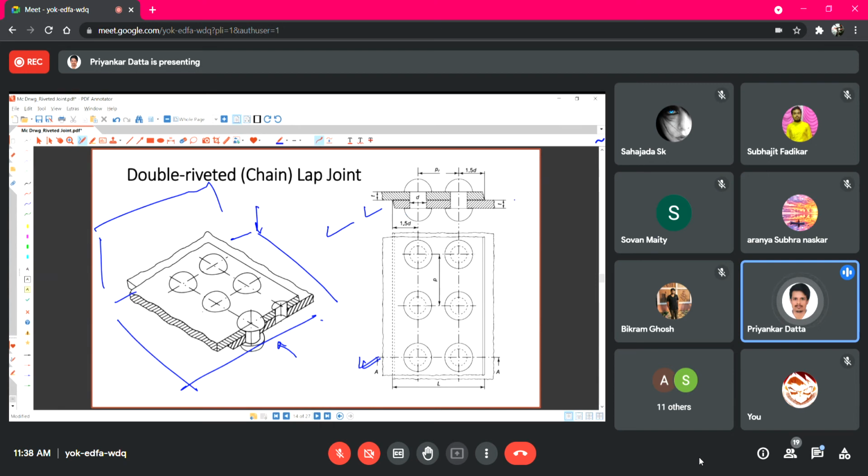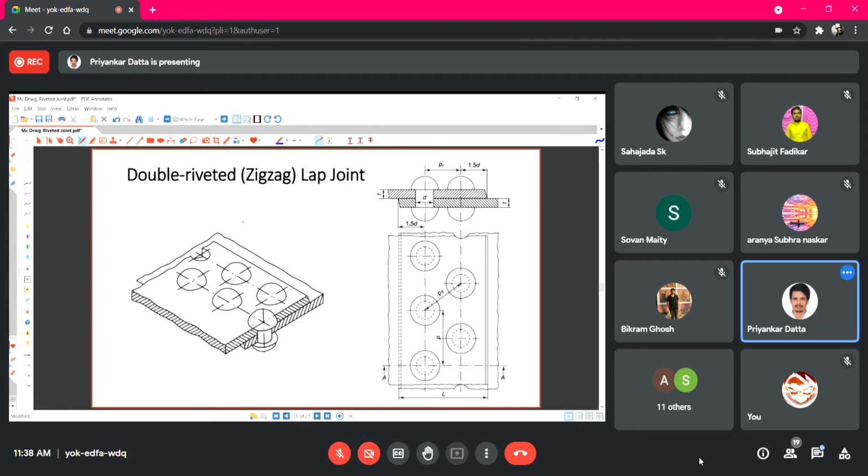You have to draw only the projected views, not the isometric view. Only the projected view you have to put in your drawing. Now again, for double riveted zigzag lap joint, so this one I already showed you. So two plates are joined with each other, and the placement of two rows of the rivets are zigzag with respect to each row, right?